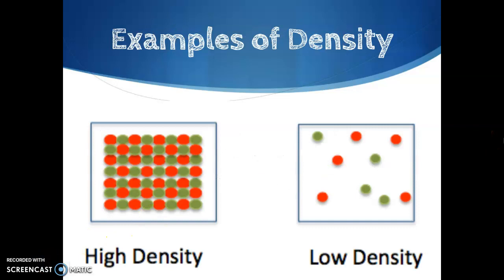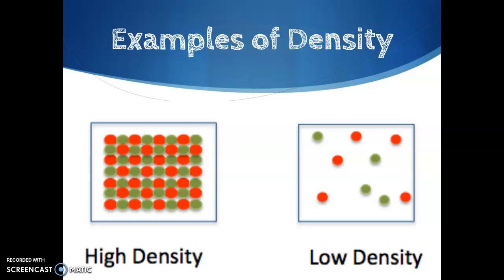And here is a visual representation of how this looks. So we've got two boxes here, and they're both the same volume. So they're the same size. They can fit overall the same amount of stuff. So they're the same dimension. However, on the left-hand side, we've got way more of these particles inside the box. So we've got the green and the red particles inside. So we've got way more of those in the area.